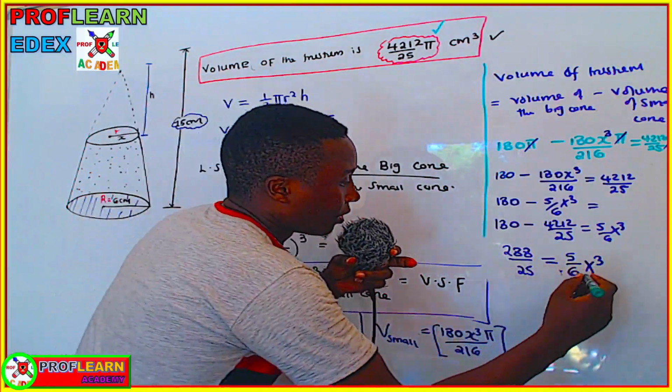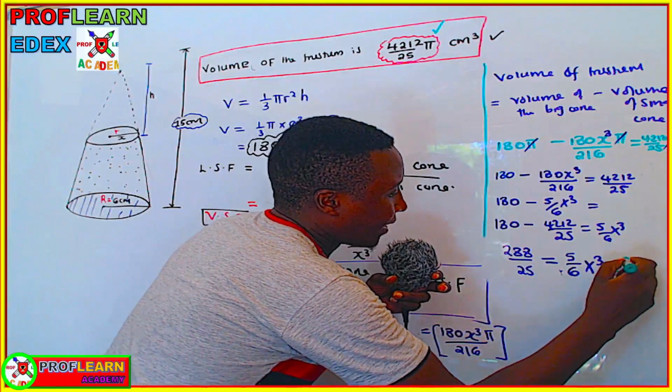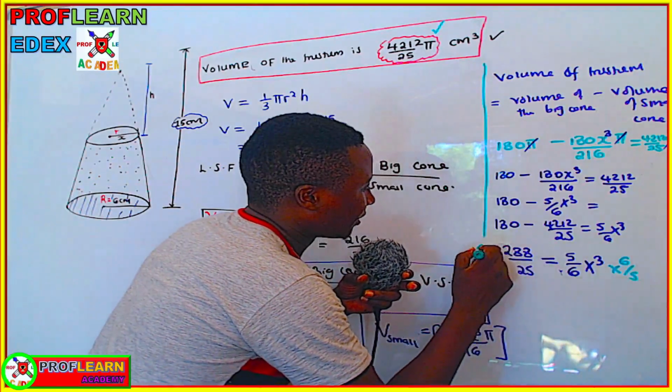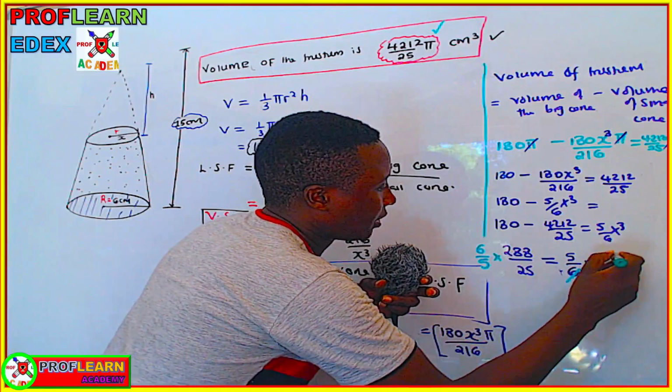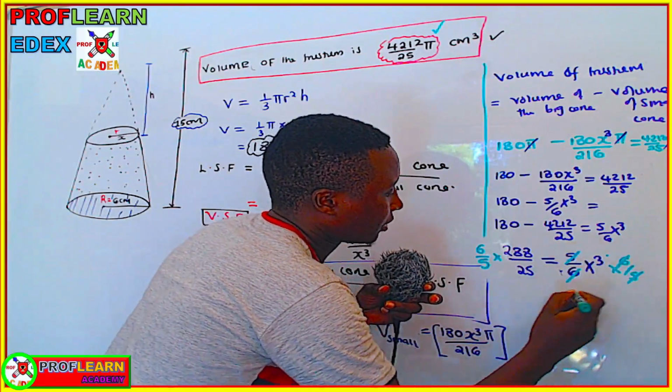Then, in order to remain with x cubed, we multiply both sides by 6 over 5, so that this cancels out and this cancels out.